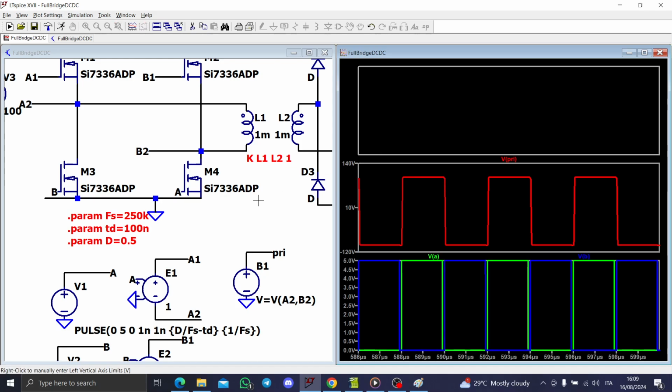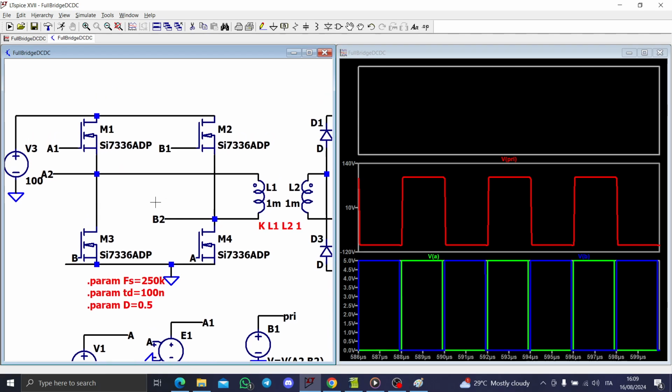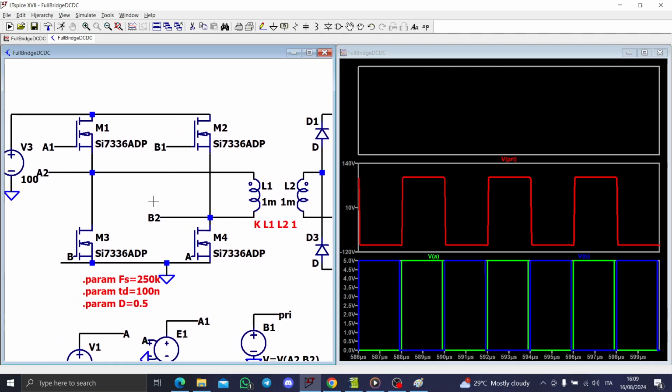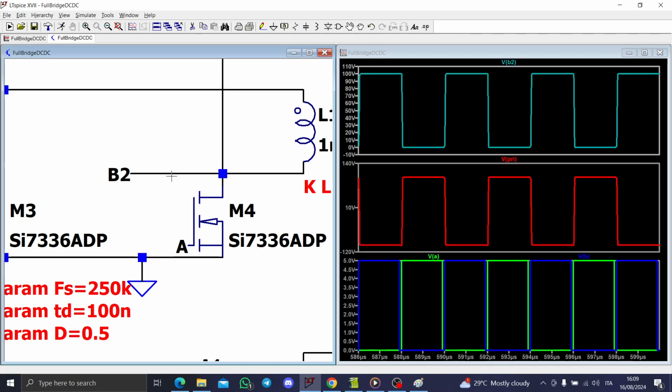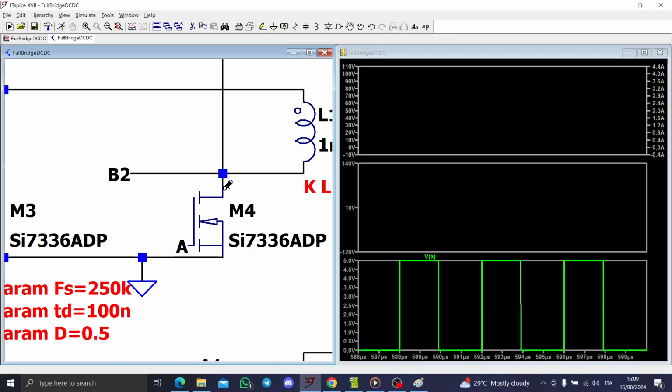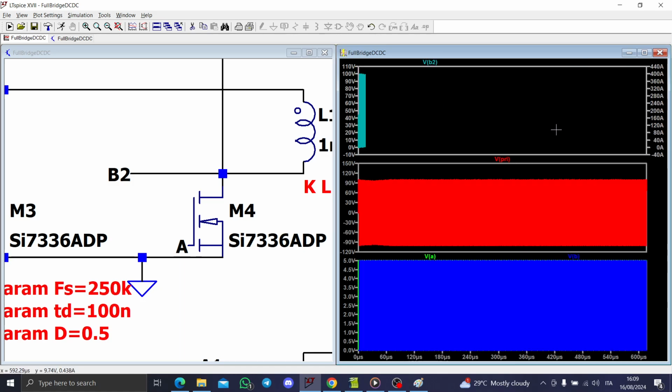Then we can check the low side here. So let's use B2 and the current.